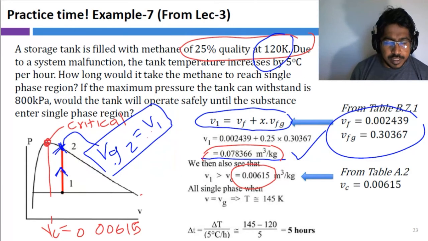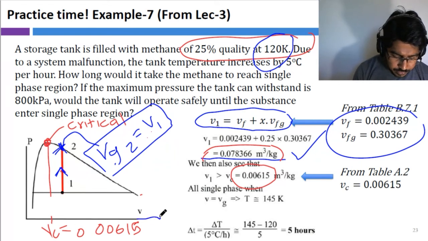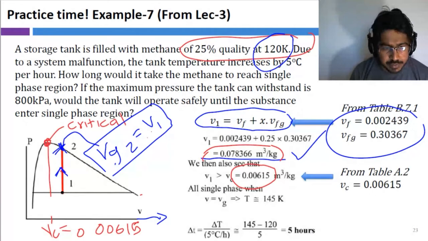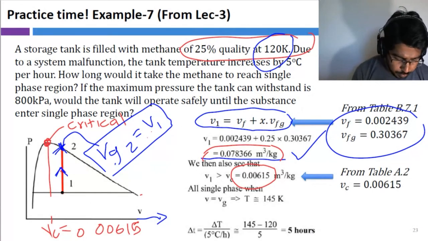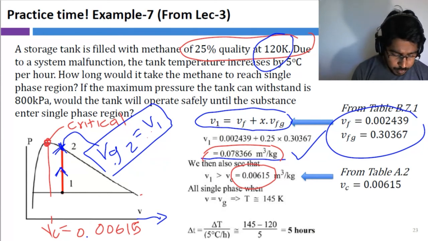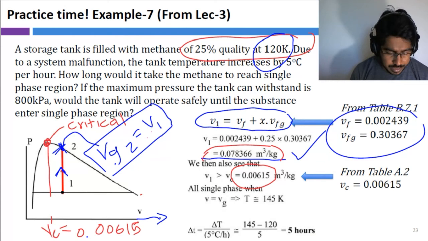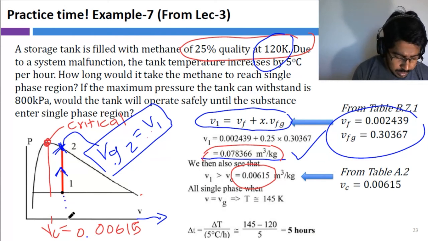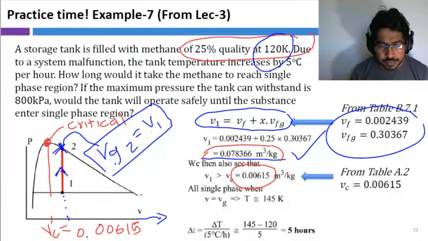Okay, are we clear up to that point? The x-axis has the specific volume. VC is 0.00615. The specific volume we have is 0.078, which is greater than VC, so it should be to the right of VC.